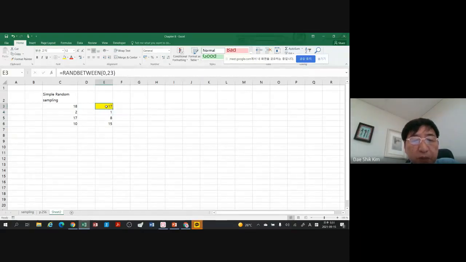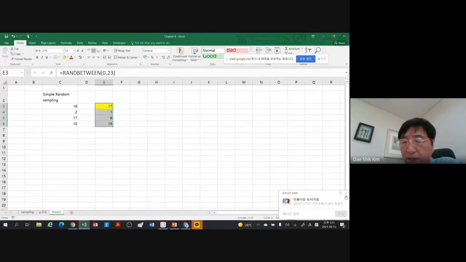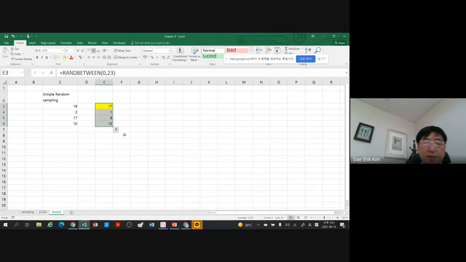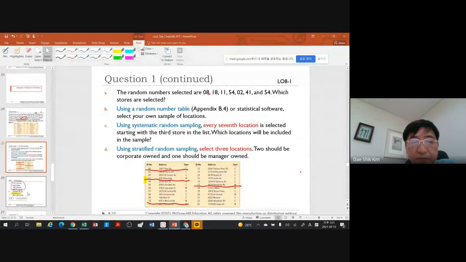If the previous number plus 7 is less than 23, that is the number. If it is bigger than 23, subtract 23, and then just add 7. Then these 4 numbers will be the randomly selected branch numbers. We can do it this way. This way is systematic selection.